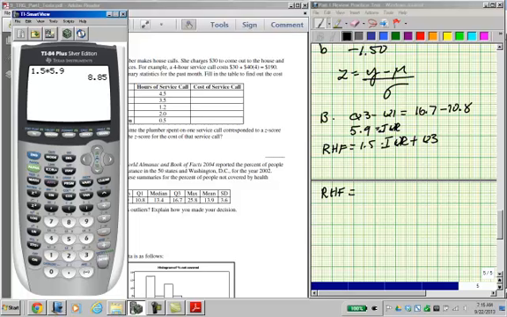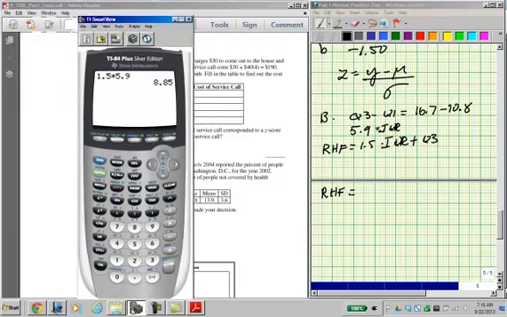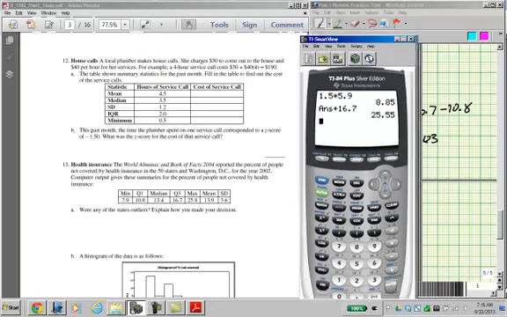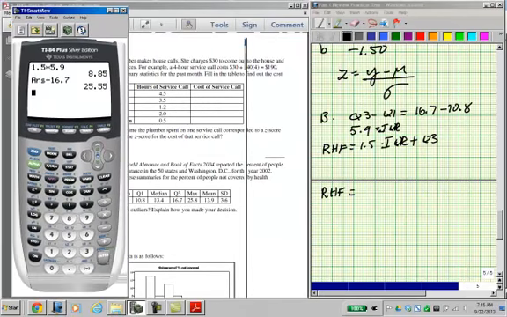Okay, 16.7. Let me put this over here. Plus 16.7. Okay, so the right-hand fence is 25.55, and the max is 25.8.